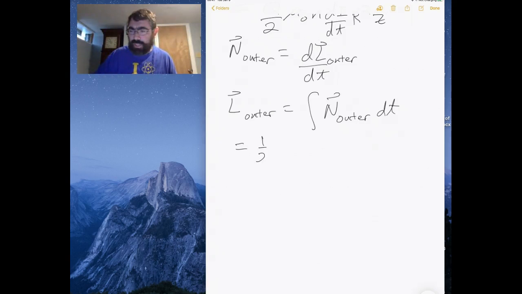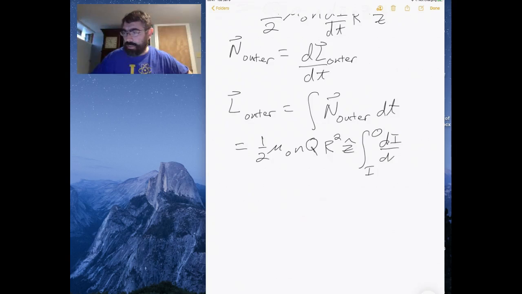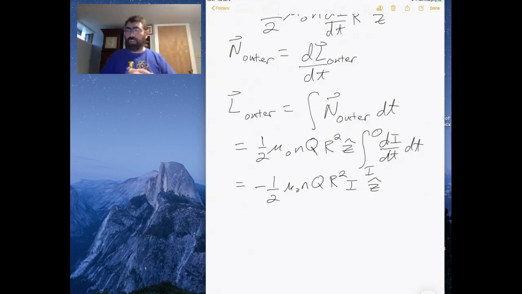So I would get 1/2 mu 0 N Q R squared in the Z direction, and then integrating from some current I down to 0. So I'm turning off the current. And I would get minus 1/2 mu 0 N Q R squared I in the Z direction. So that's my angular momentum I would get for the outer.